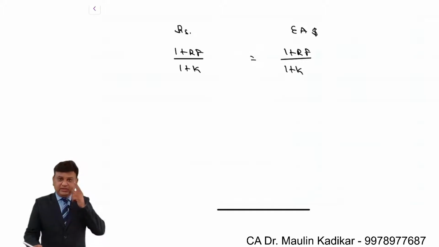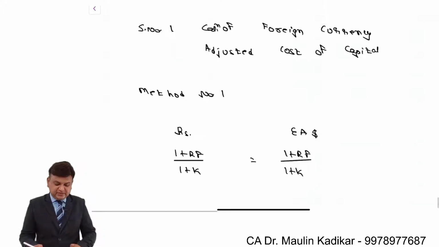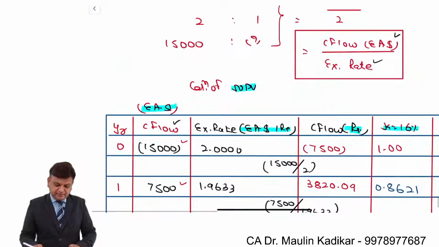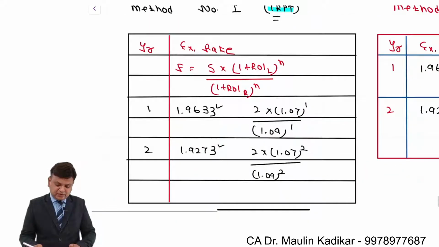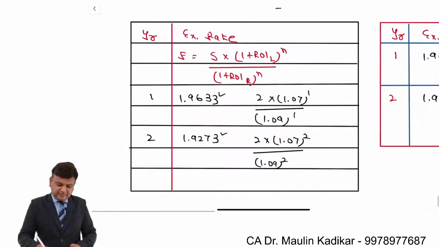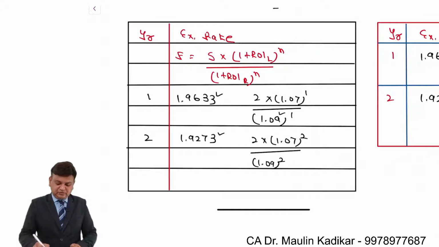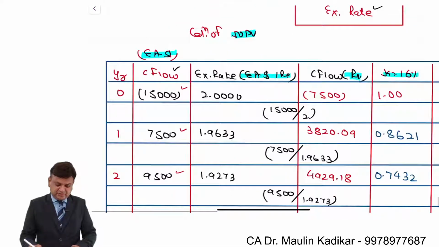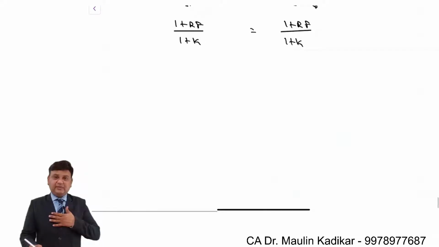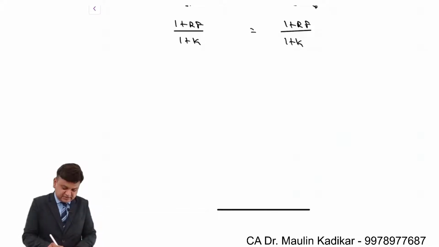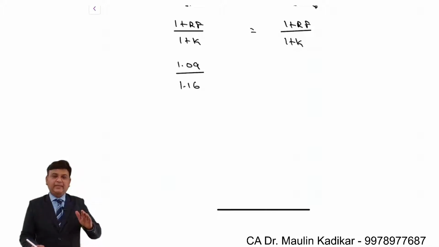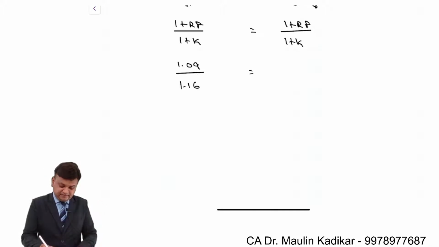The logic over here is like this. For the rupee currency, the rate of interest is provided to us as 9%, while over there it is 7%. In my domestic currency, the rate of interest is 9%, and in my domestic currency, I require a return of 16%. In foreign currency, the rate of interest is 7%.